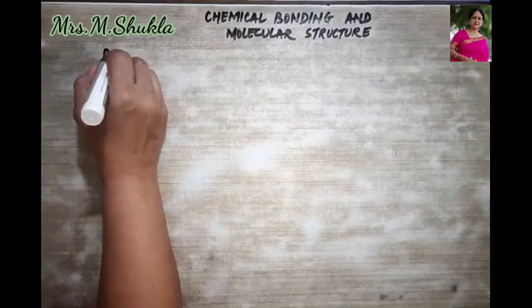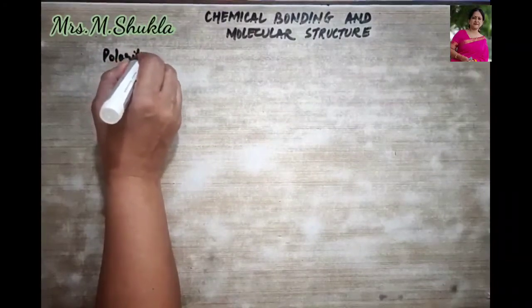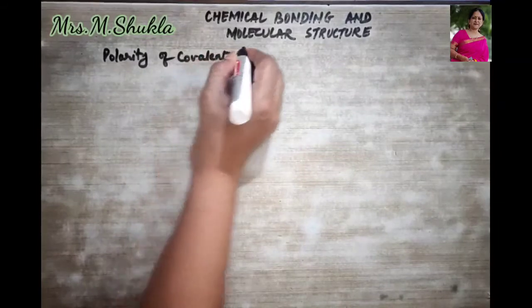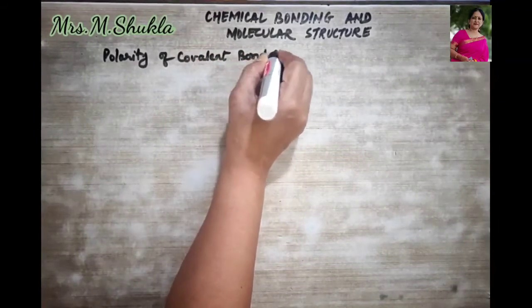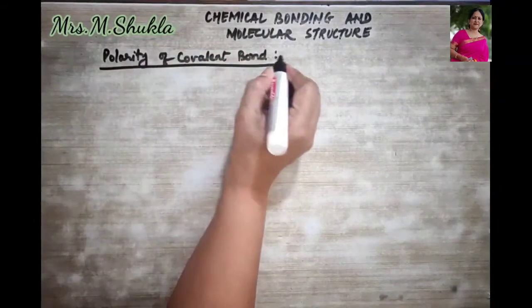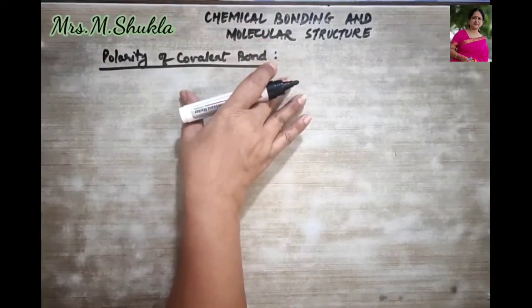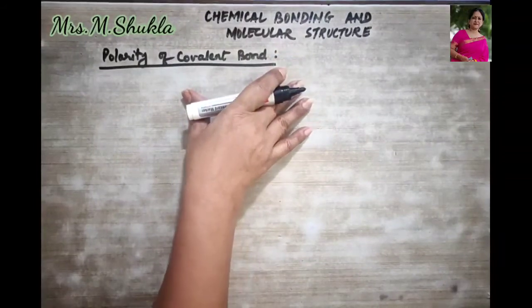Let us now talk about the polarity of covalent bonds. You already know about the polarity of covalent bonds. I am here talking about polar covalent compounds and non-polar covalent compounds.